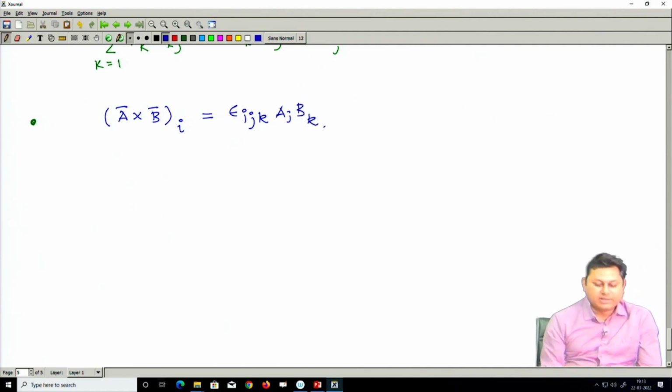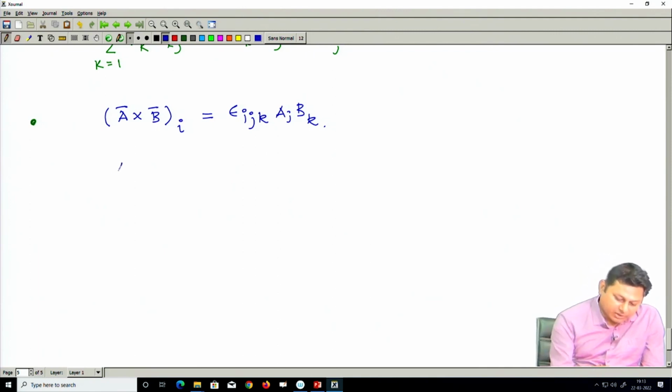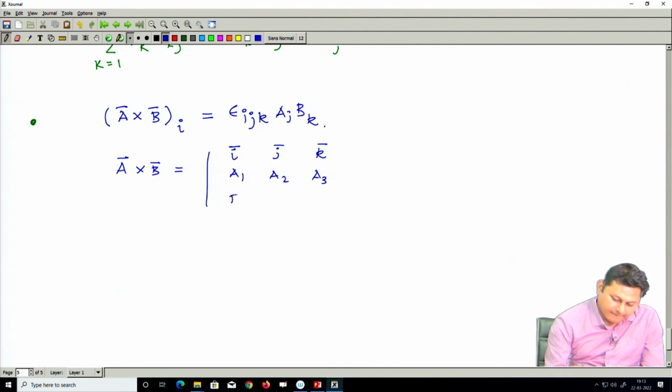This is the way the Levi-Civita operator operates. So you can find A cross B, with A1, A2, A3 and B1, B2, B3, these are the x, y, z components. I am just writing A1, A2, A3.